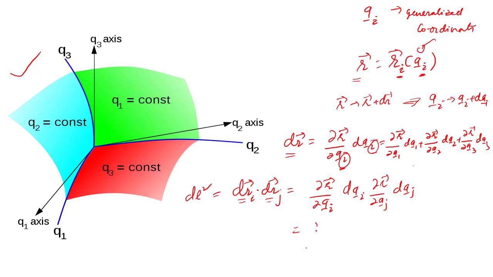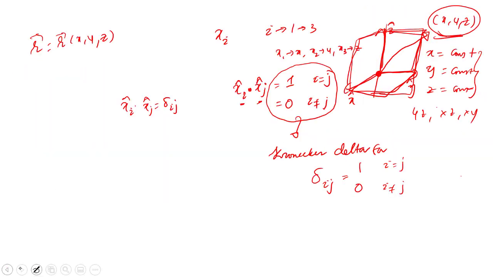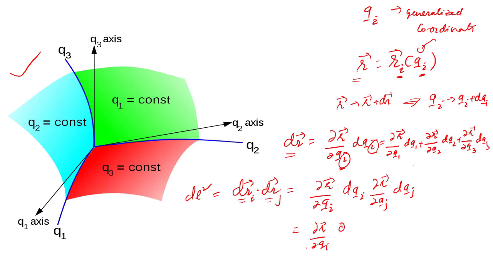So that we can write as dou r by dou qi dot dou r by dou qj dqi dqj. So here both i and j are repeated, so both i and j are summed over.